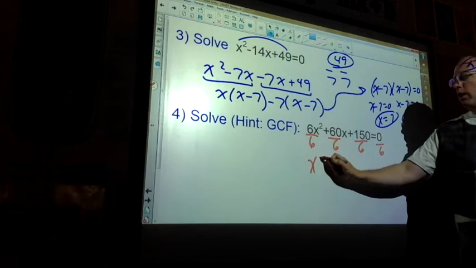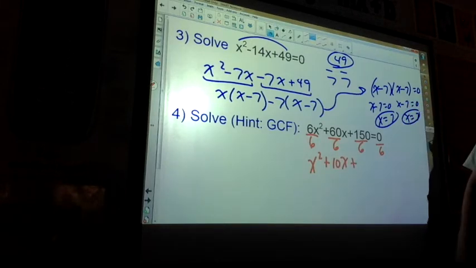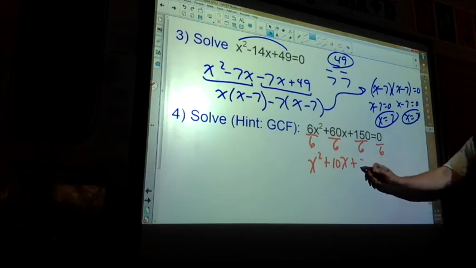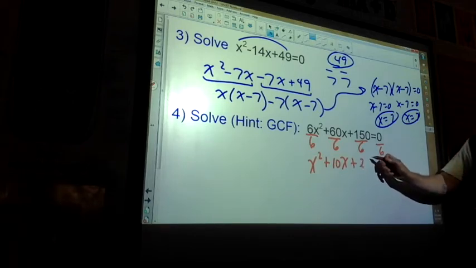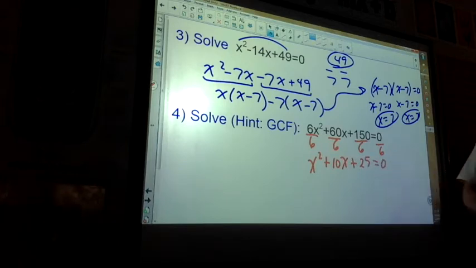So this is x squared plus 10x plus, oh shoot, how many times does 6 go into 150? I know it goes into 12 twice. 25? Yeah, 25, okay. And that's equal to 0 because 0 divided by 6 is 0.